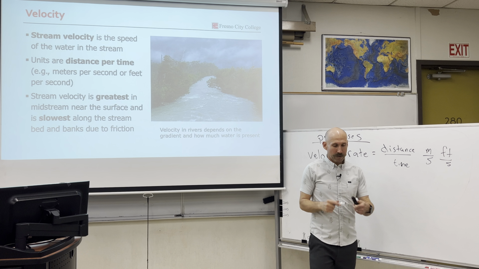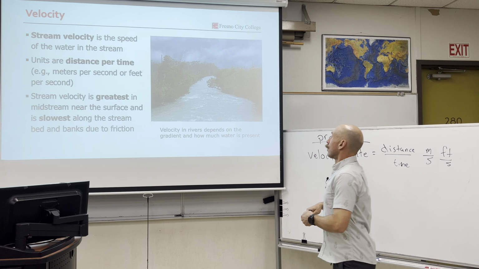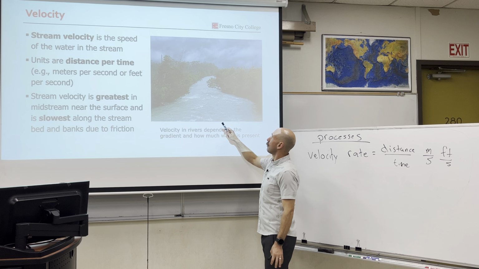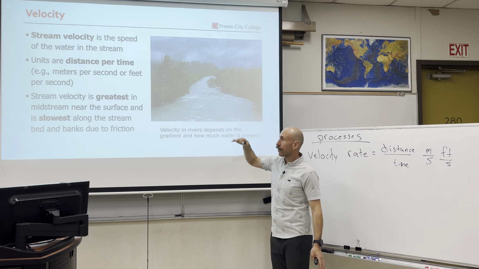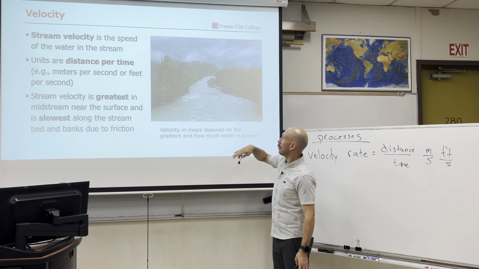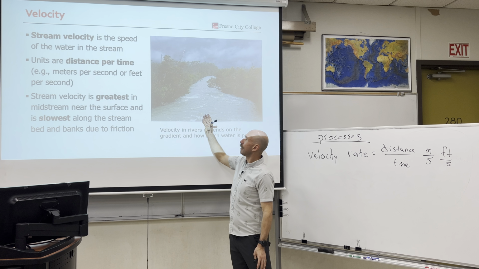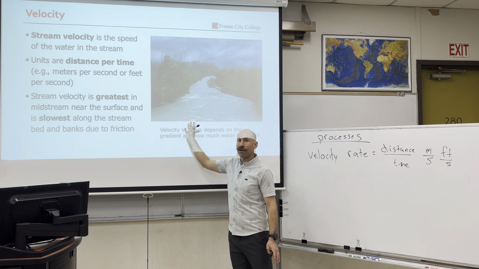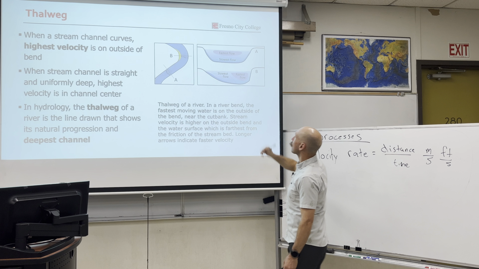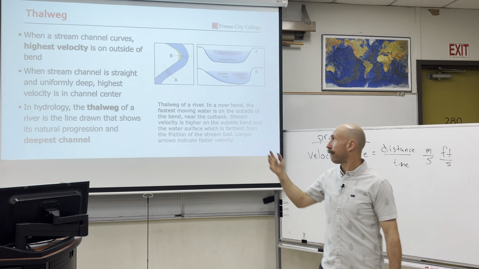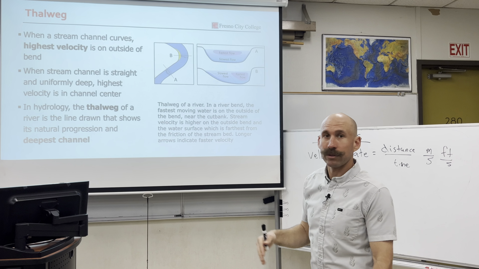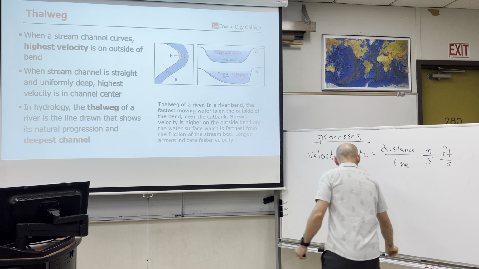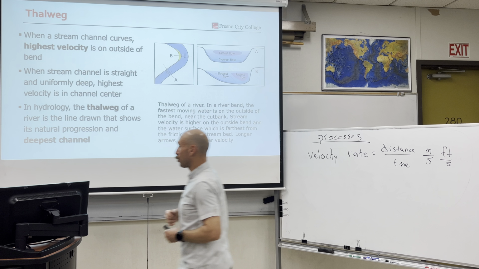Stream velocity is going to be higher in the mountains where the gradients are steeper. It's going to be fastest in the middle of the channel and then on a bend on the outside. In fact, this is called the Thalweg. Thalweg is a German term, first identified by German fluvial geomorphologists.